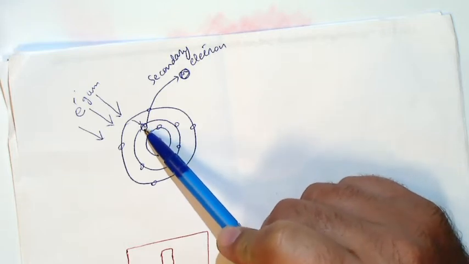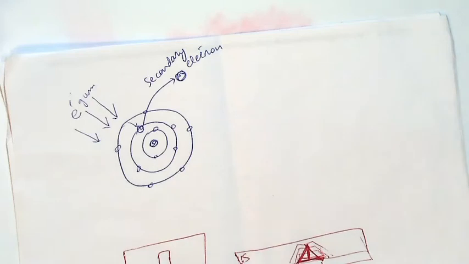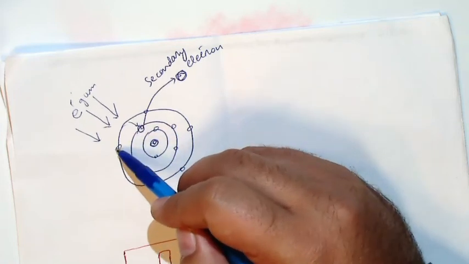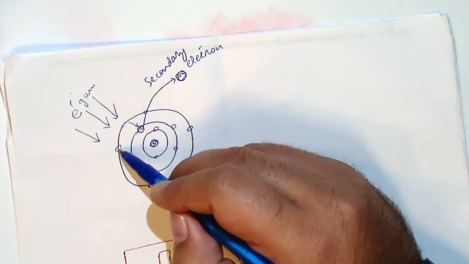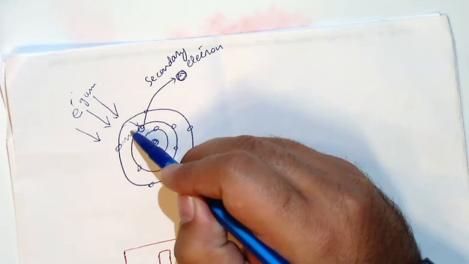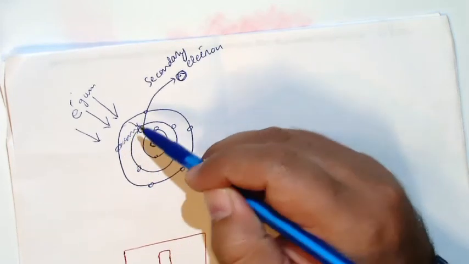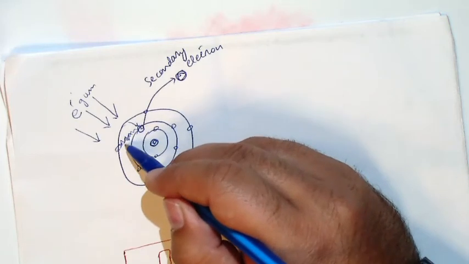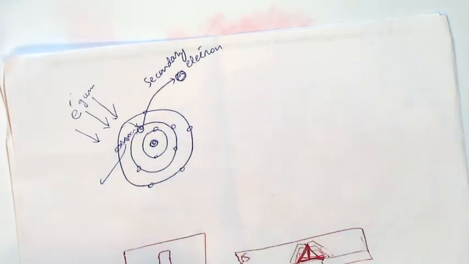So if there is a hole, there is a good probability that other electrons, maybe in the outer shell, would like to go there to a more stable position. When they come here, they will release energy, right?